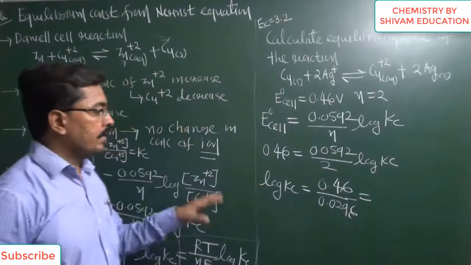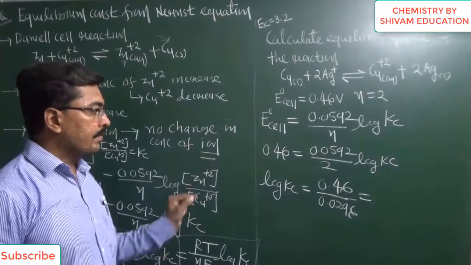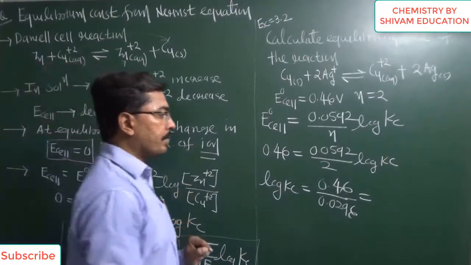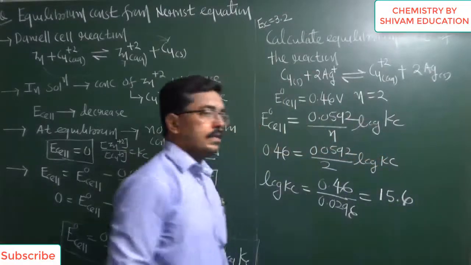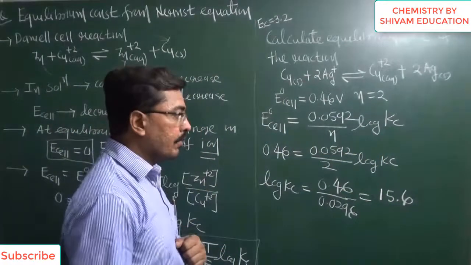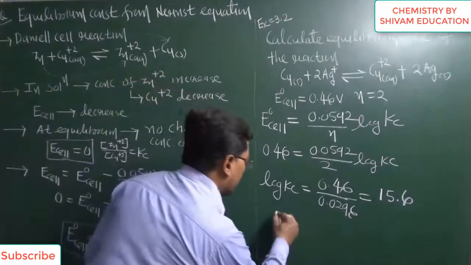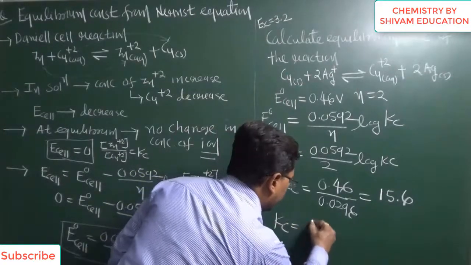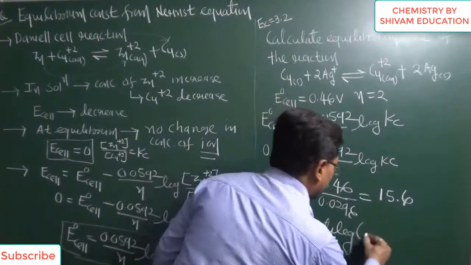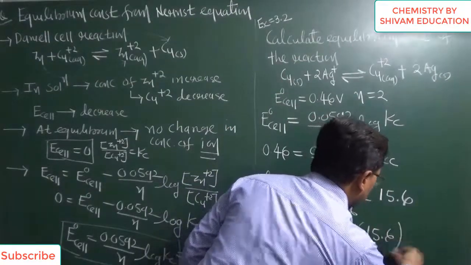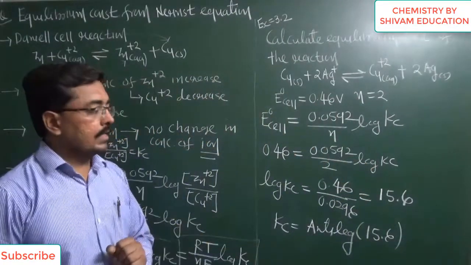Now simplify these things. By simplification you will get 15.6, just simplify by yourself. So now to find the equilibrium constant, Kc is nothing but the anti-log of 15.6. Now in anti-log there is a system.